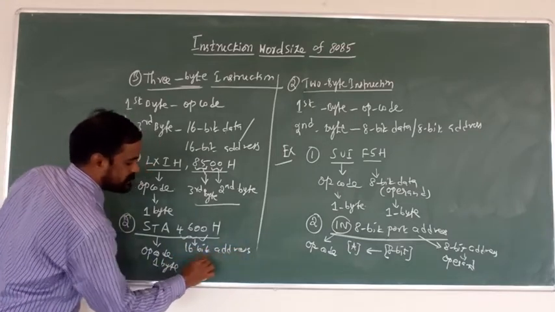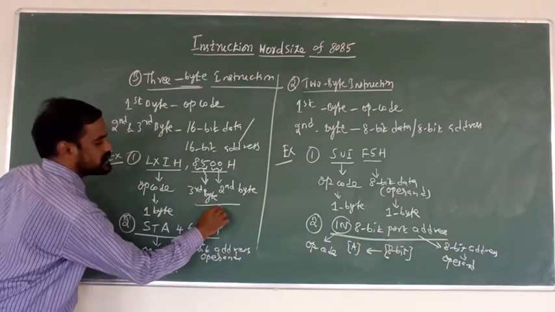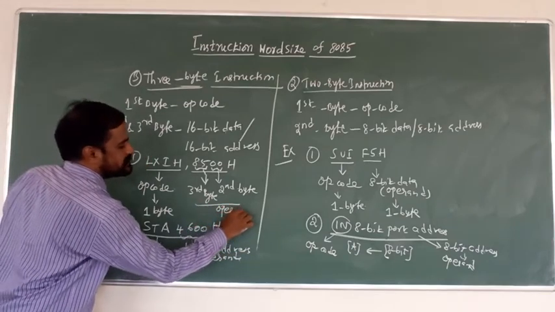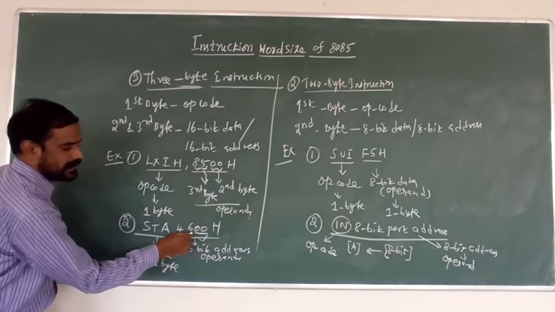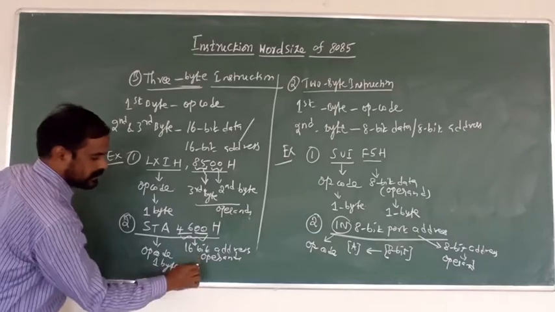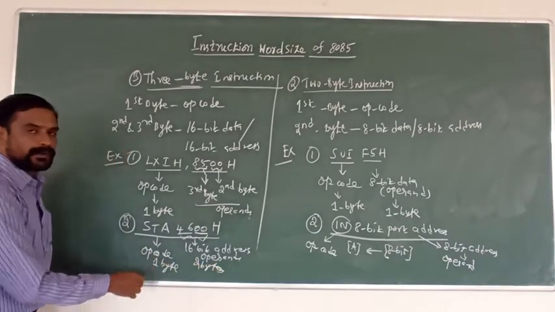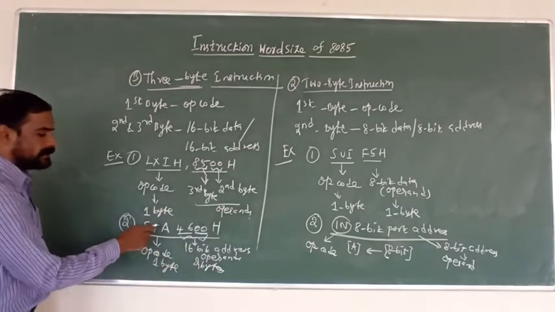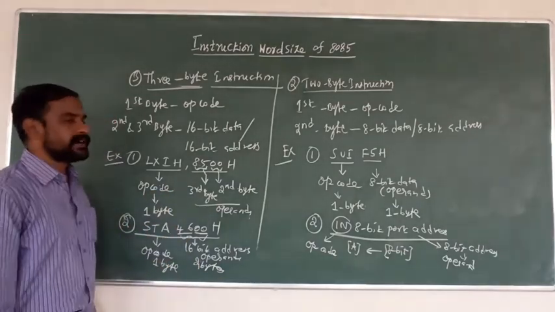A 16-bit address means these are operands. This is the second byte and this is the third byte. Total 2 bytes and 1 byte, total 3 bytes. STA 4600 is a 3 byte instruction.